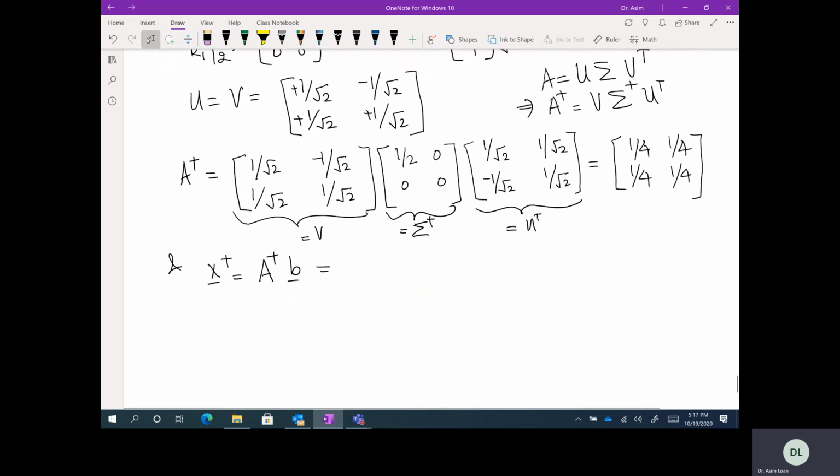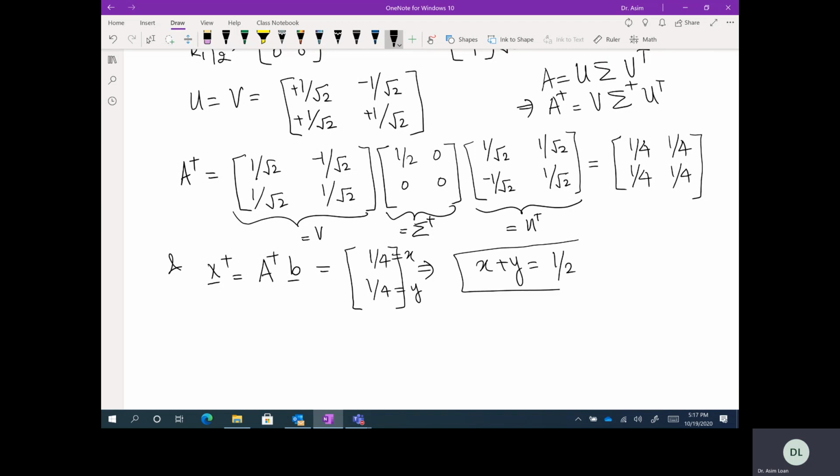So this is simply 1 by 4, 1 by 4. Since this is x and this is y, x plus y is simply a half. This is the least squares solution that you get if you use the pseudo inverse method.